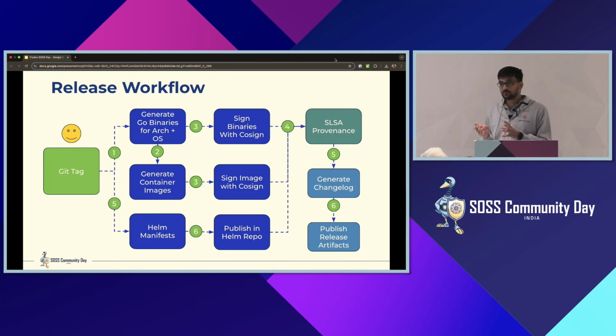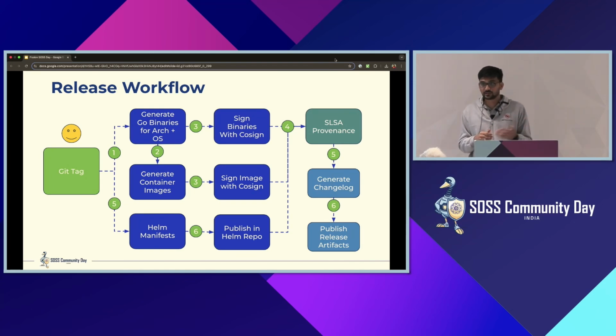Once all these images are signed, we also generate SLSA provenance, which was covered in an earlier talk as well. Since we ship Helm manifests as well, we also generate artifacts for Helm and publish those to the Helm repo. So all these things are done and verified.